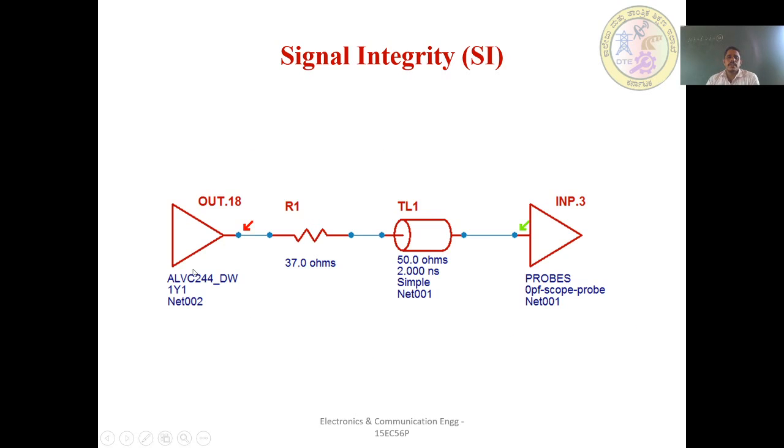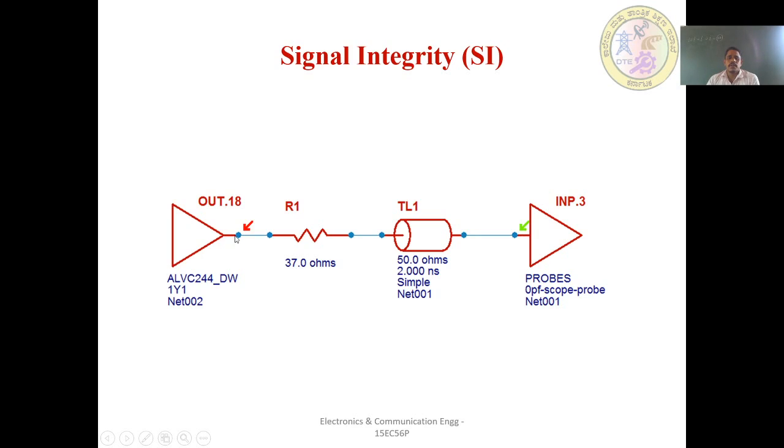Signal integrity. This diagram shows how the signal integrity analysis has been carried out for a particular track. This is a source IC. Out pin 8 is the pin number of this IC, and 3 is the pin number of this destination IC.